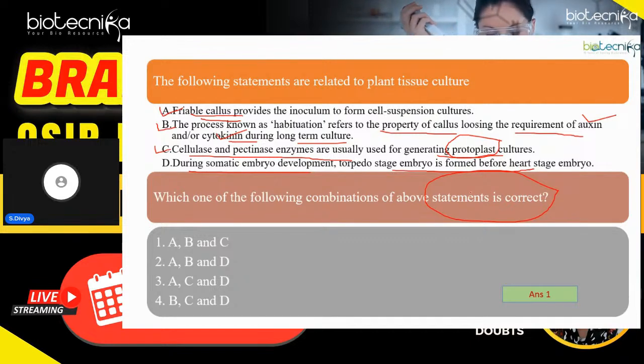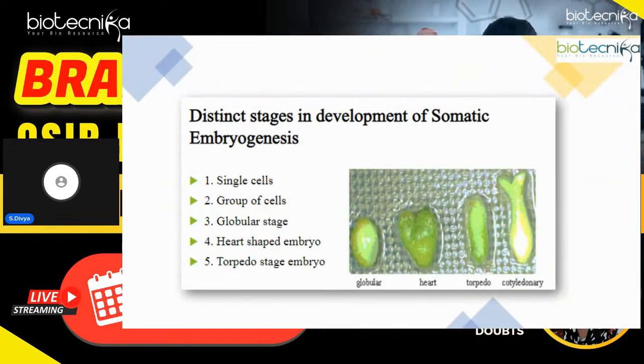So this is incorrect, because torpedo stage is formed after the heart stage. So you have different stages of development: globular stage, heart stage, torpedo stage, and cotyledon stage. So before the heart stage, we have globular stage. So it starts with a single cell, then it forms a group of cells.